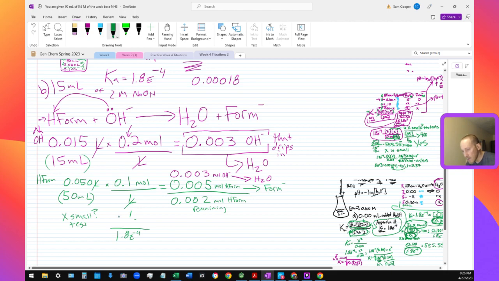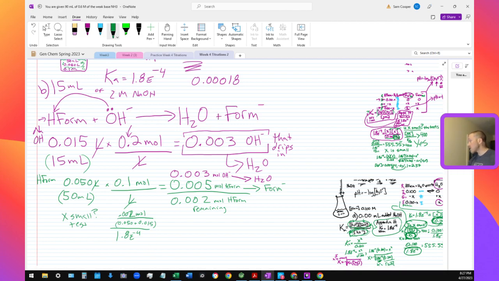So we really have 0.002 moles, but we started out with 50 milliliters, and then we just put in 15 milliliters of aqueous solution. So that's actually, of course, 65 milliliters.